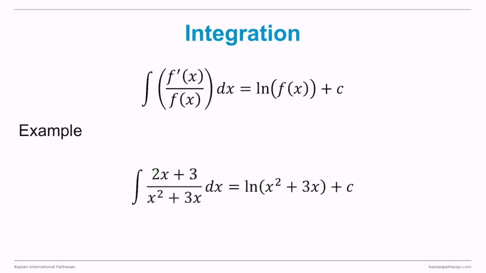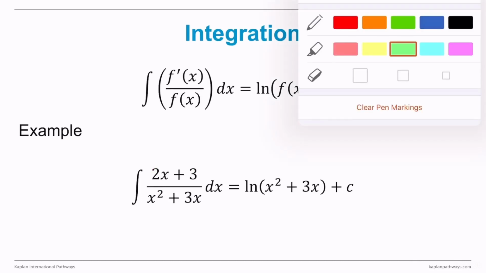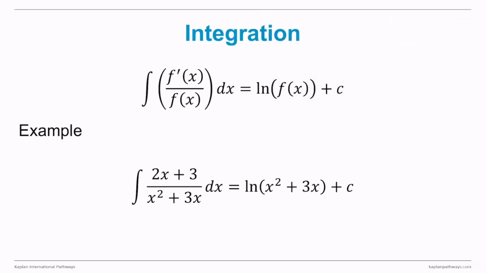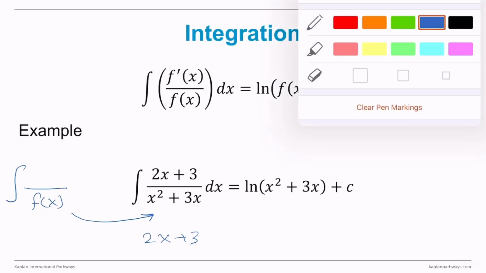Right, let's look at this example here. We have x squared plus 3x. This is f of x, which is x squared plus 3x. What's the derivative of this? The derivative of f of x here is 2x plus 3. Do we have this at the top? Yes, we do.